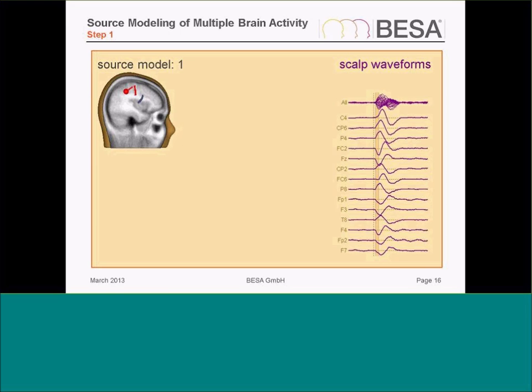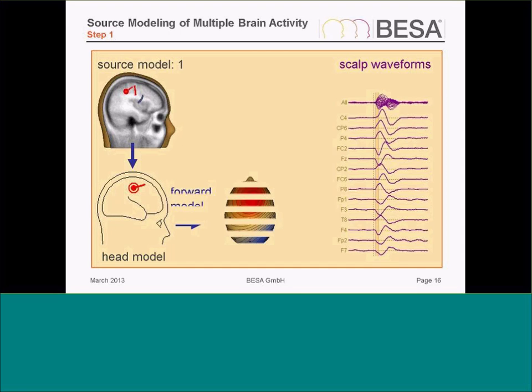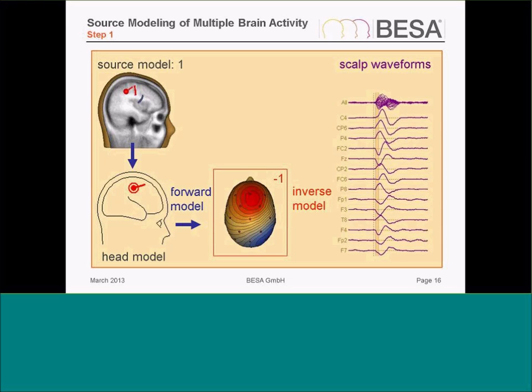So if I use the head model that I've chosen, I can then estimate a topography, and this can be inverted to give us a source waveform by applying this inverse to the data. The source waveform, now again with the forward model, will give me model waveforms.